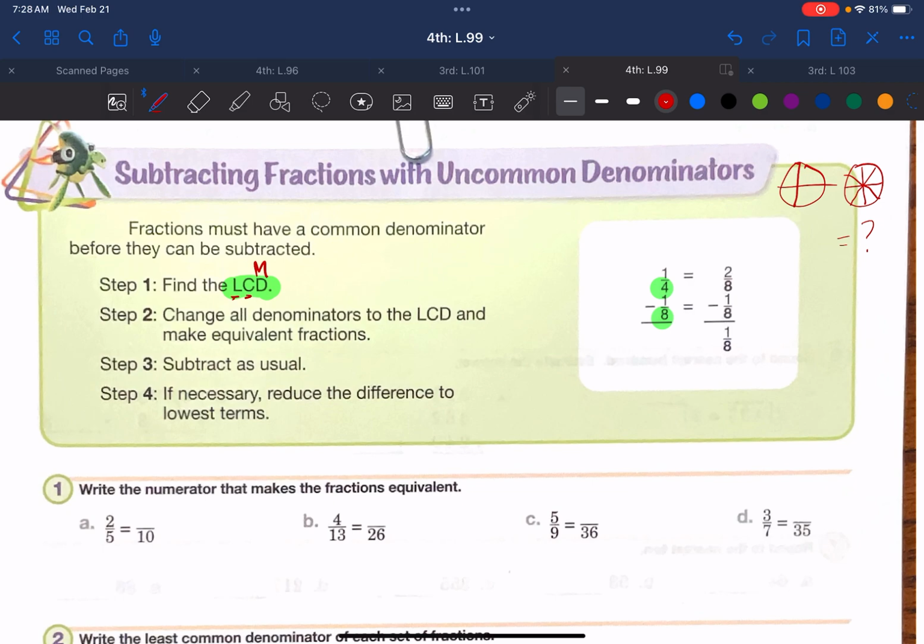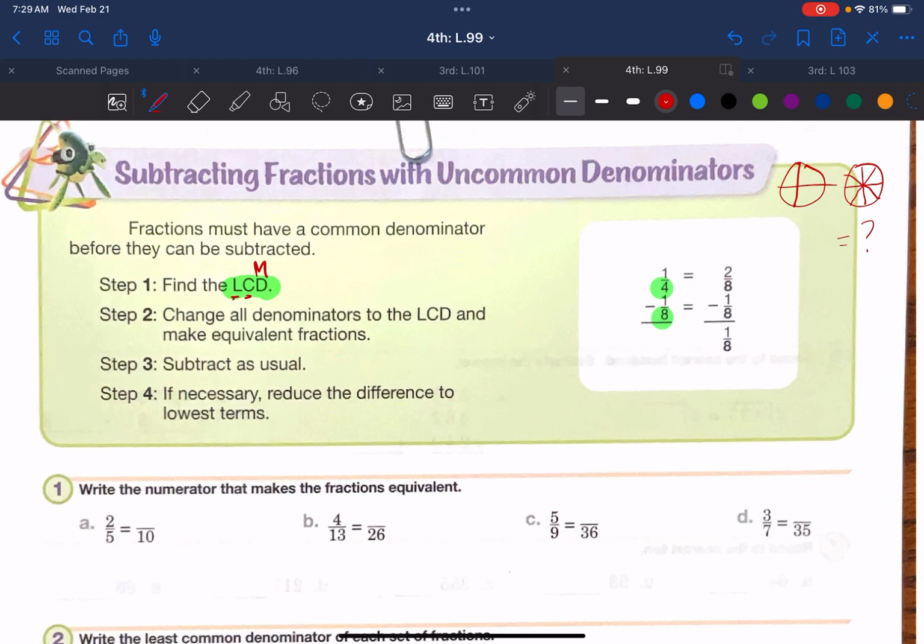Now I had somebody ask me, why do we have least common if it's talking about multiples, but it's the greatest common factor? Well, when you are doing factors, you are trying to reduce. And so you're trying to get to the smallest. Think about if you have a big number, like 72, and you want to divide it to get to the smallest number.